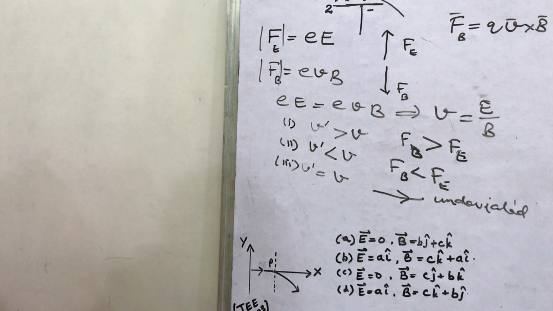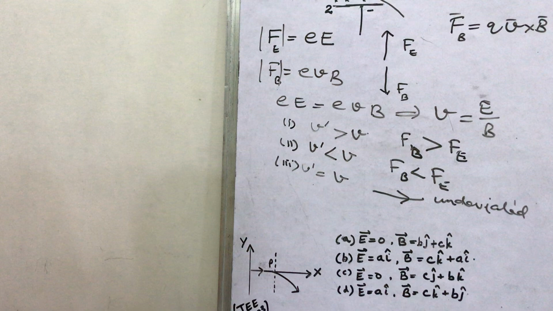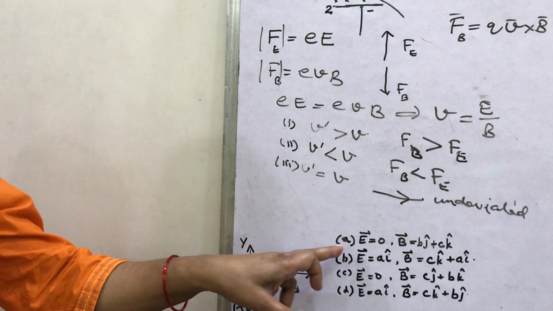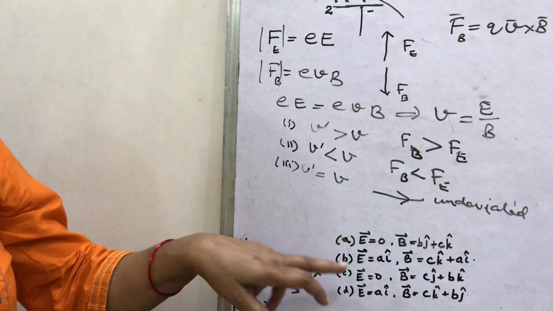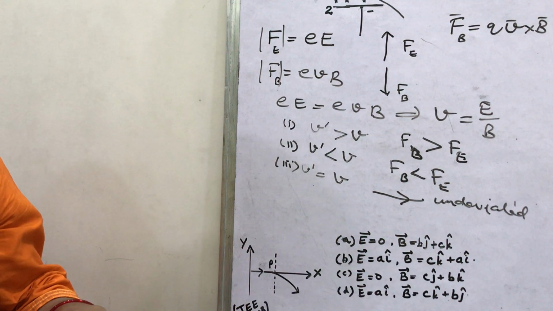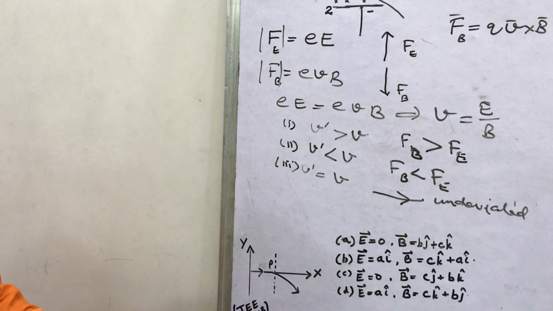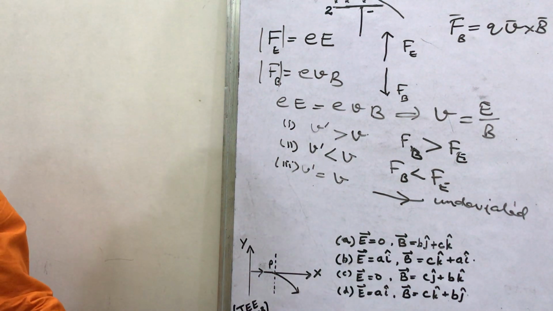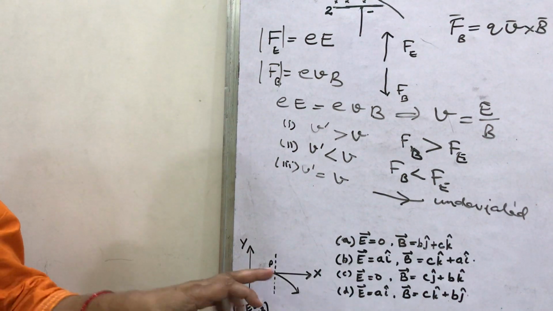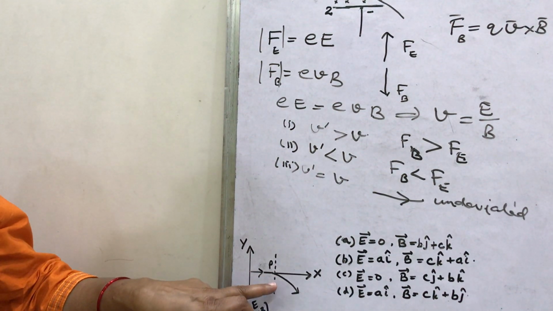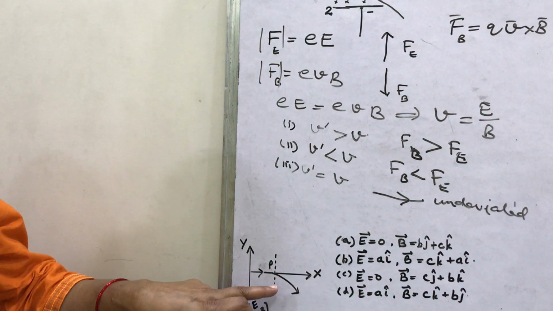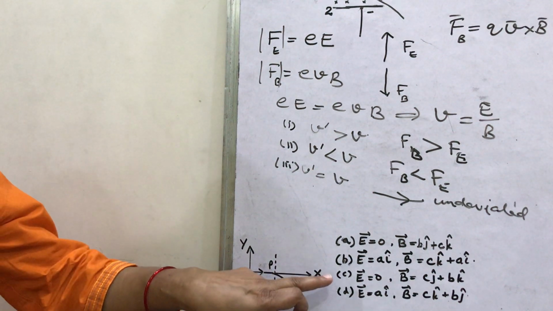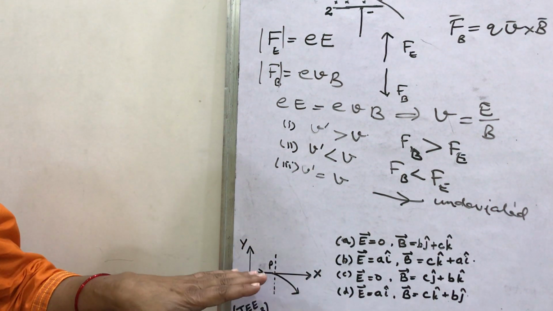How will you select which one is correct? Listen, it is given here that the positively charged particle is moving initially along the x-axis, and in the question it is given that beyond P the path of the particle in the xy plane is not circular. So the electric field along the x-axis is necessary.